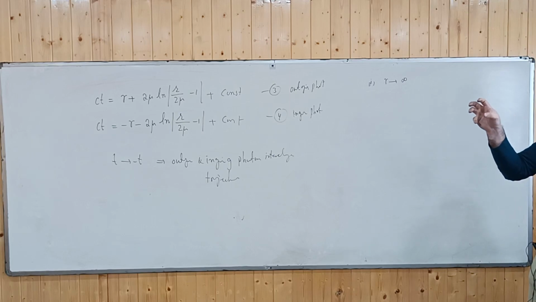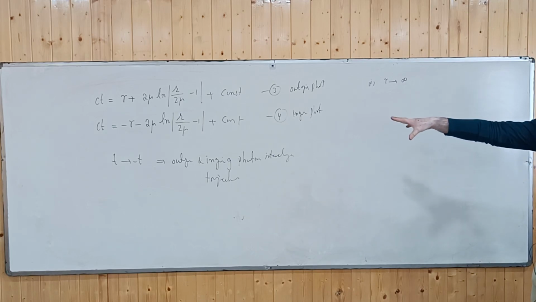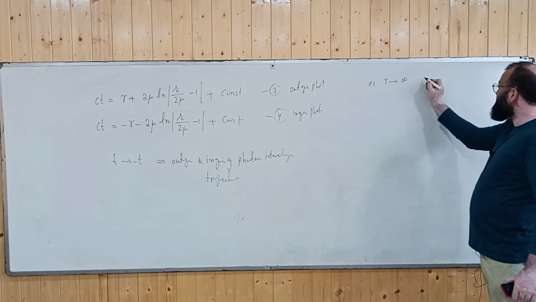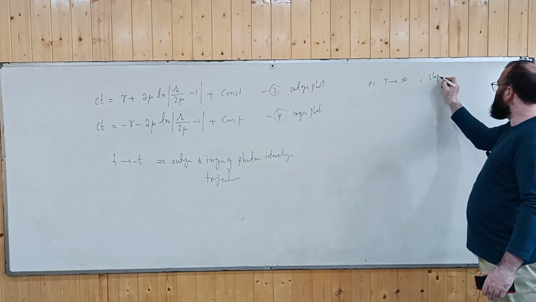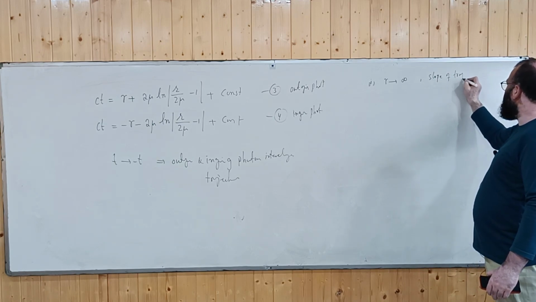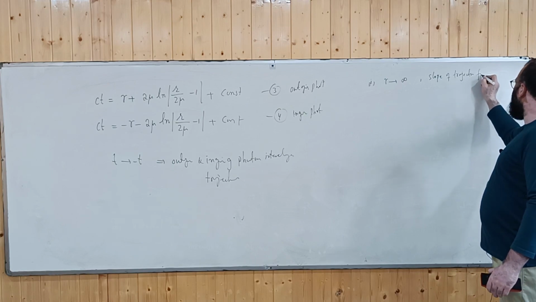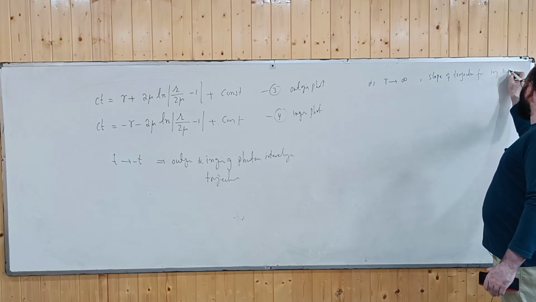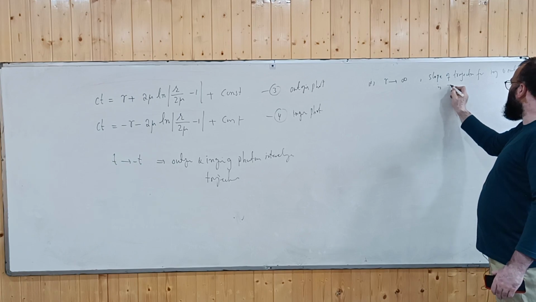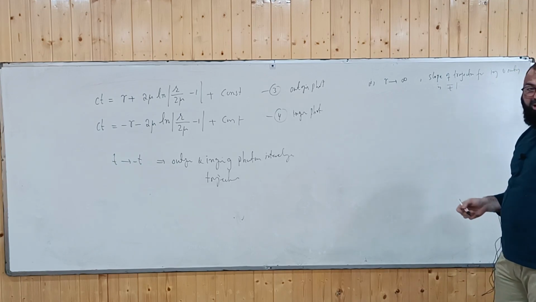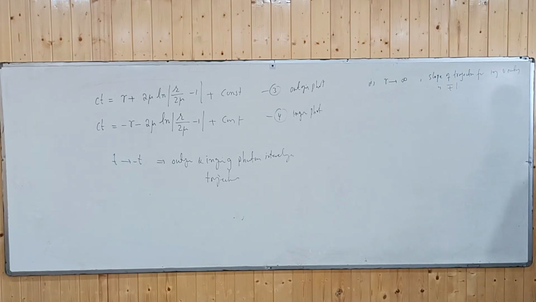So this photon is observed by the observer at infinity. So the slope of the trajectory for ingoing and outgoing is minus and plus 1, because ingoing is minus 1 and outgoing is plus 1. Got it? Because it will simply be plus minus c.